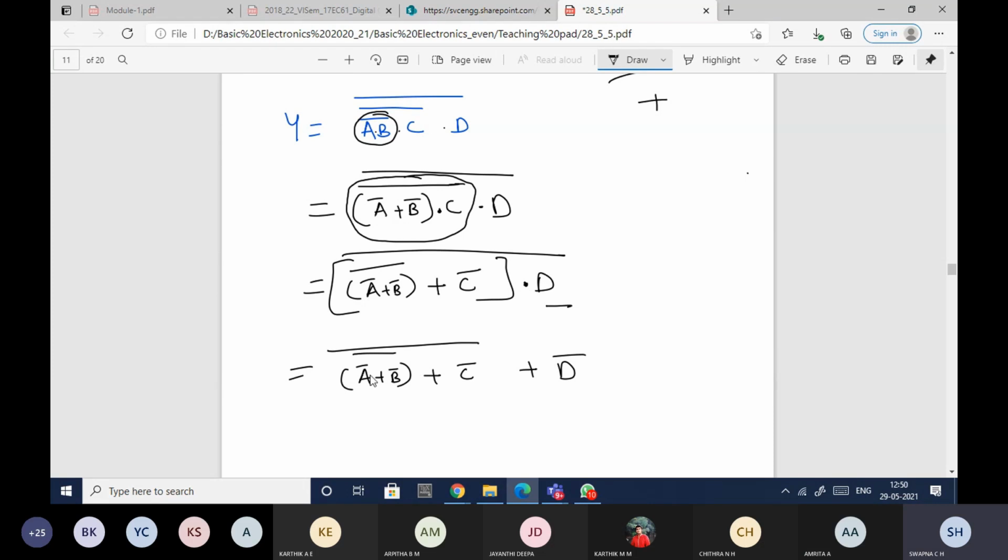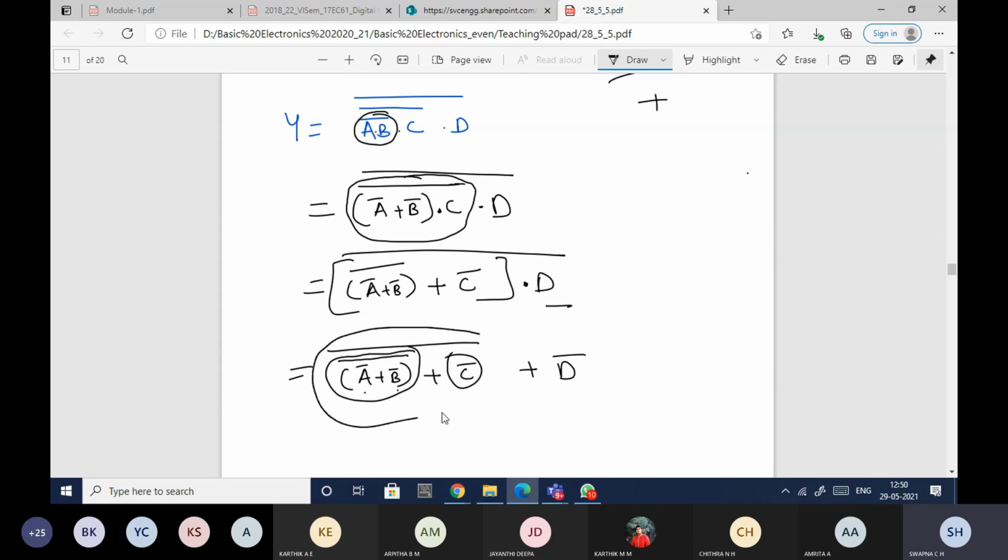Okay, so now you see, I will be able to implement this one. Let me write it. I know how to get A bar, I know how to get B bar using NOR. So this entire thing I can get. So this entire thing plus this one whole bar I can get.